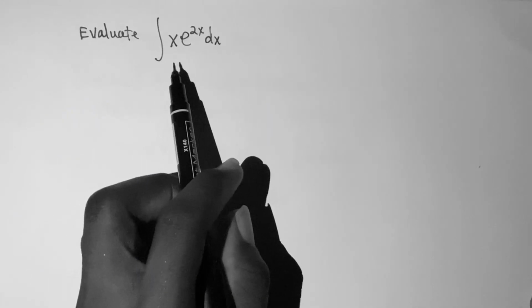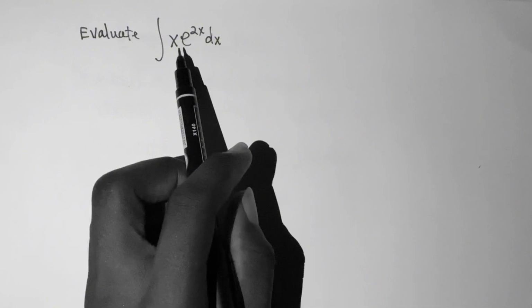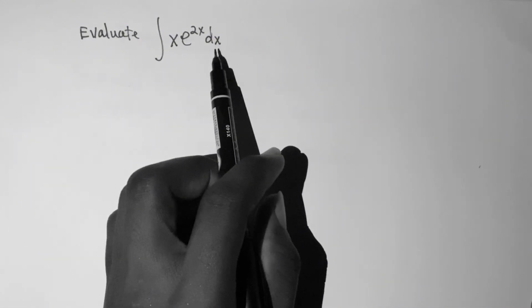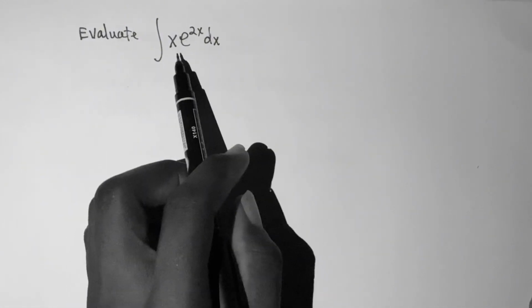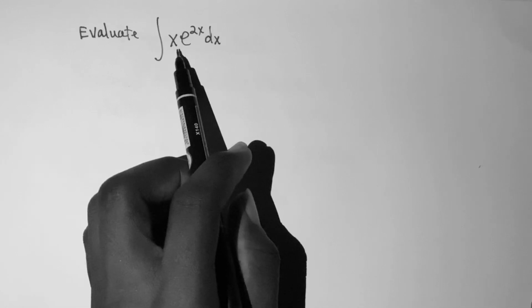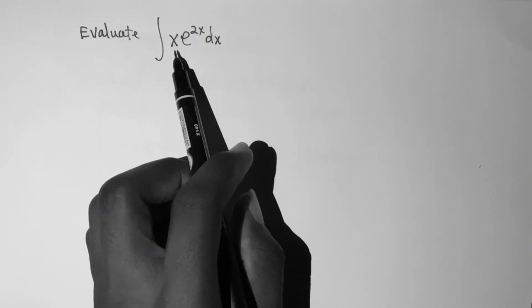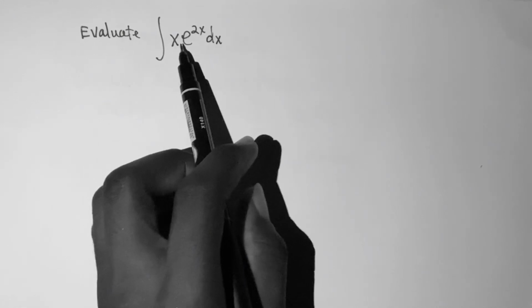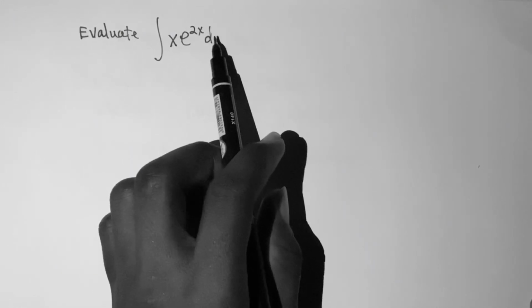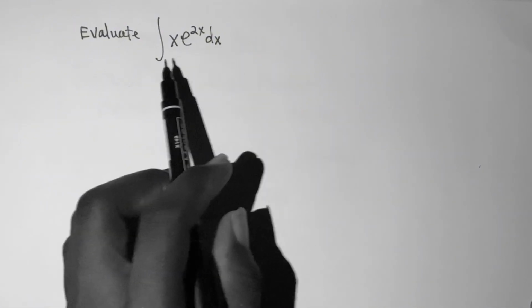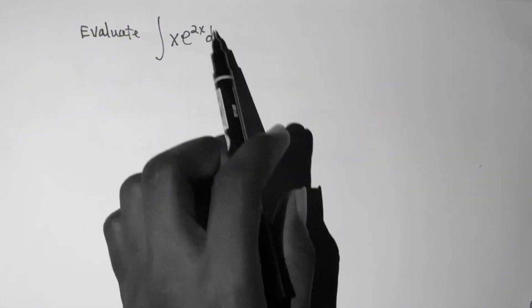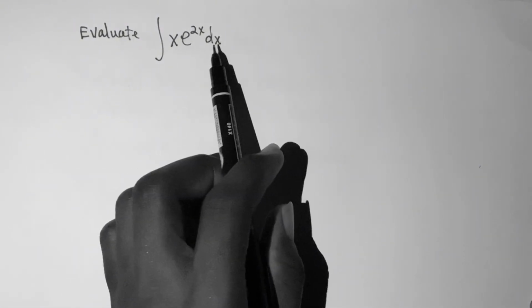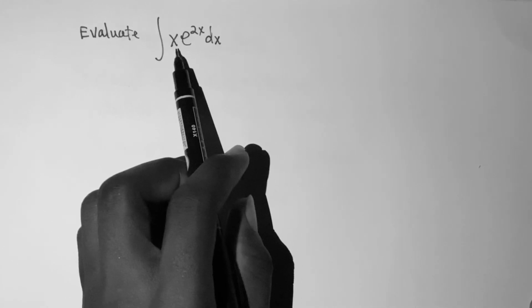Evaluate integral of the product of x and exponent 2x dx. So if you look at these two functions, you can see that v of x is x, and then u of x is exponent 2x dx. So you can see that we can easily integrate exponent 2x, and then we can easily differentiate x.